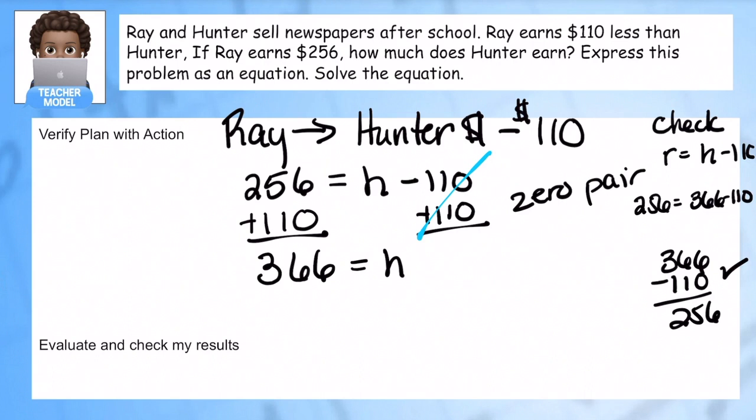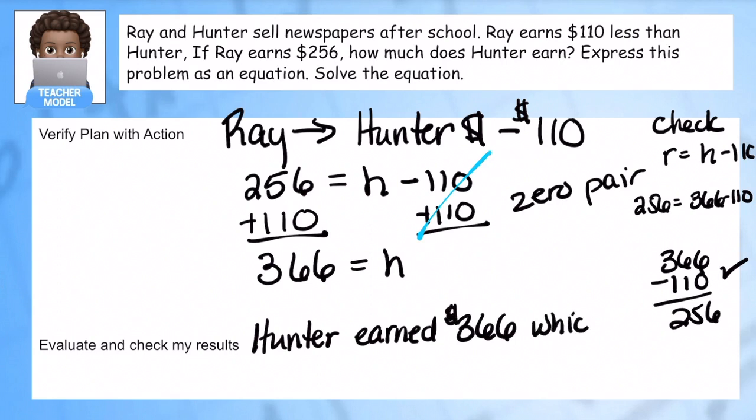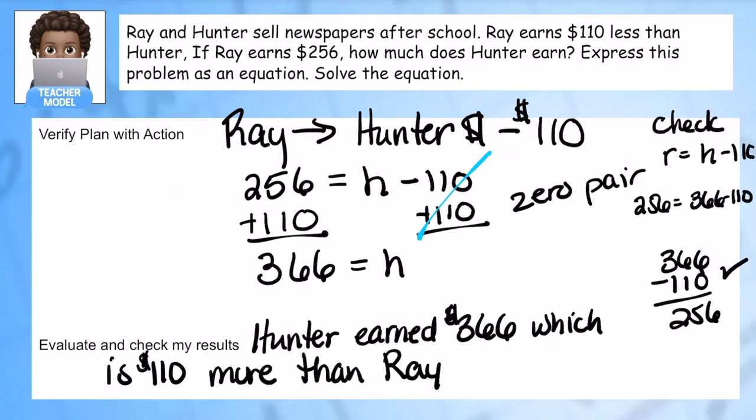We have what Hunter has in his amount, and let's just write that down. Hunter earned $366, which is $110 more than Ray's 256. All right, math marbles, we're going to hit pause so you can jot this one down into your notes.